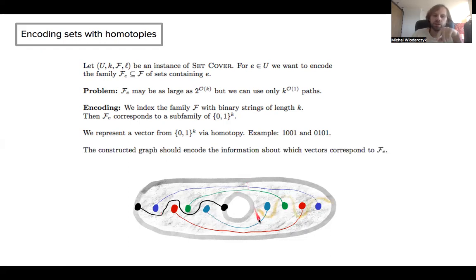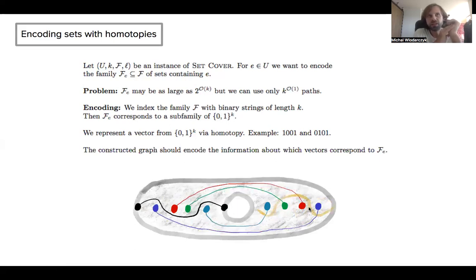Now we can draw such a curve on the plane with this property that every colorful path must cross it at some point. And since these paths are disjoint, they need to cross this curve at a different place.